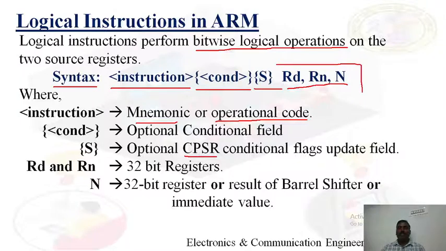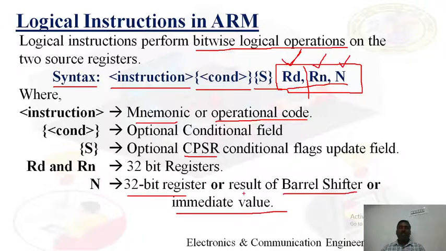Again same thing. Here it contains 3 address formats, one for the destination and the other 2 for sources. Here the destination is always a 32-bit register. Among the 2 sources, Rn is a 32-bit register. So n can be a 32-bit register, or it may be the barrel shifter output, or it can be an immediate number.